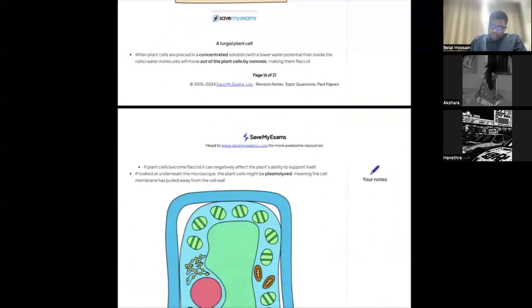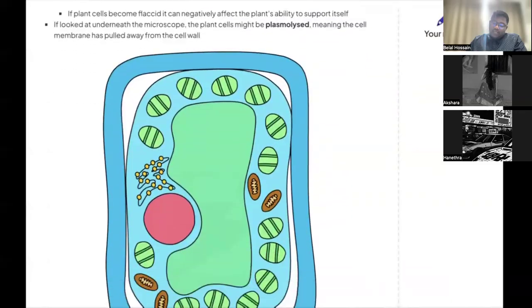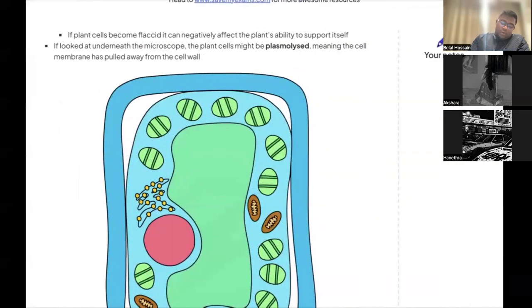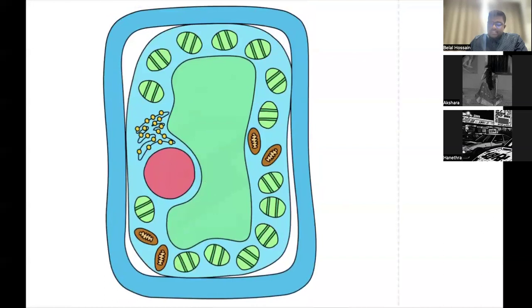Okay. Now the next example is a plasmolized cell. The word plasmolized means some cytoplasm has been lost, due to loss of water from the cell.